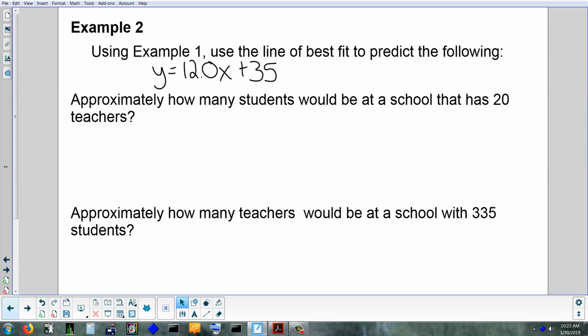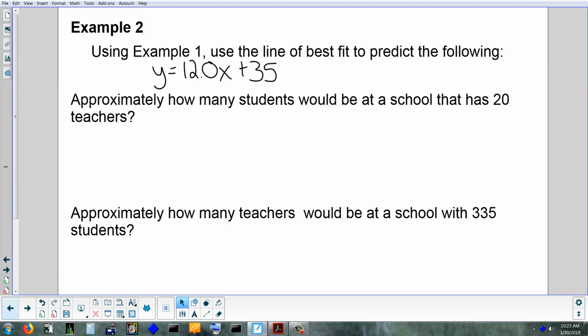No. So there's not a causal relationship between students and teachers. If you change one, it doesn't automatically change the other, like exercise. You change how many minutes, you automatically burn more calories. One changes the other. It doesn't work like that with teachers and students.